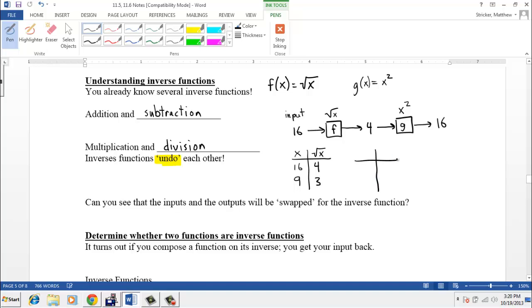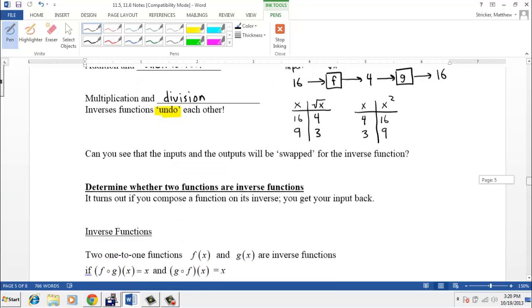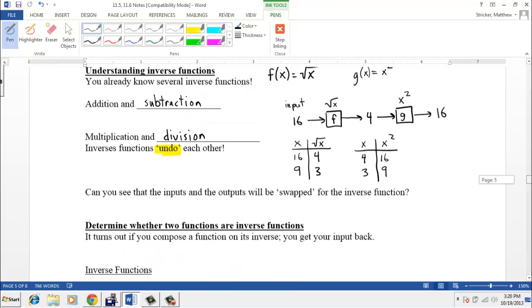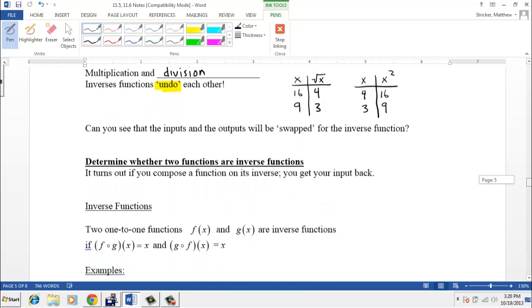Whereas for g of x, if we had x and x squared, then 4 would turn into 16, and an input of 3 would turn into 9. See how they're swapped? 16, 4, or 4, 16, 9, 3, 3, 9. These are inverse functions because they undo each other, but also we see that that causes their inputs and outputs to be swapped, turned around, which is really nice for when we want to try to graph an inverse function later on.